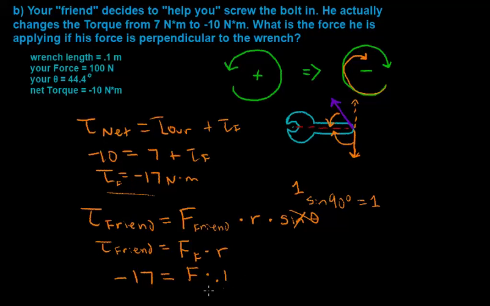And all we have to do is divide by 0.1 on both sides, and we get that the force our friend applied is equal to negative 170 newtons. And with that, we can move on to part C.